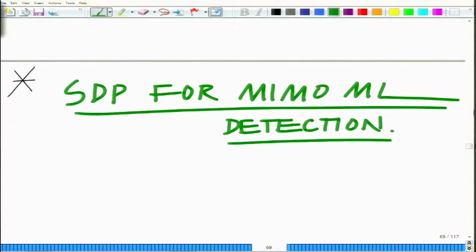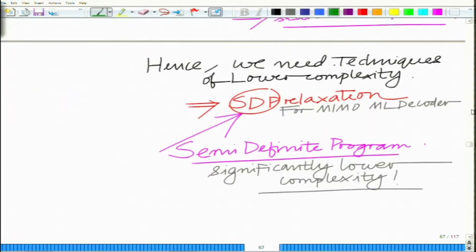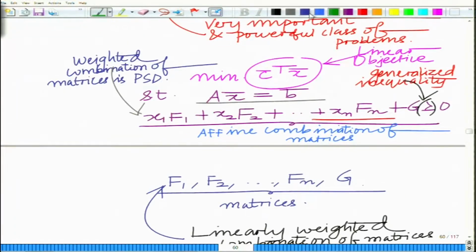And SDP employs an interesting constraint. If you remember, this is a positive semi definite constraint, that is, this linear combination of matrices has to be positive semi definite. This is termed as a linear matrix inequality, LMI.